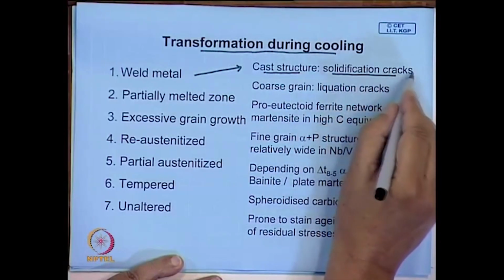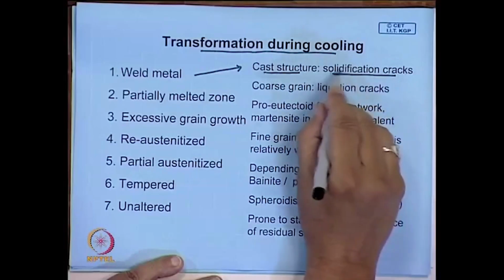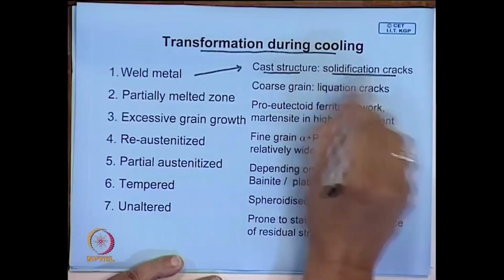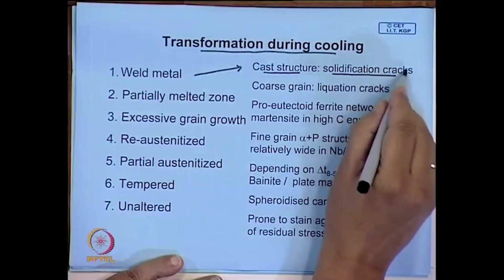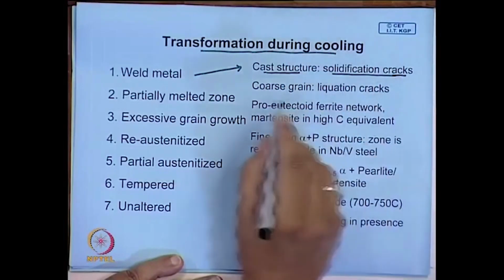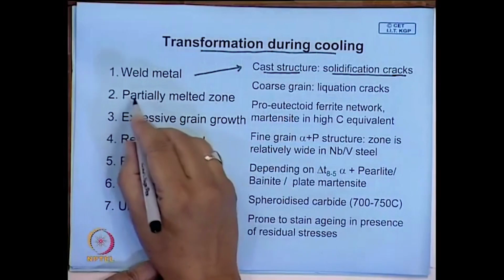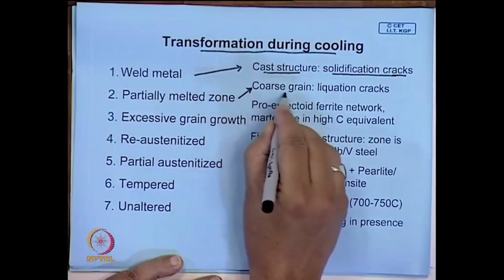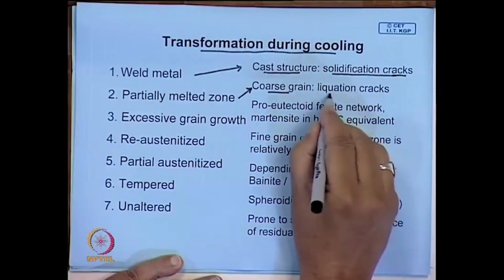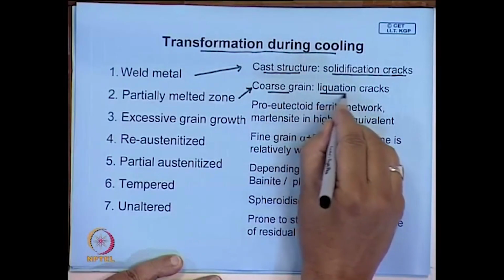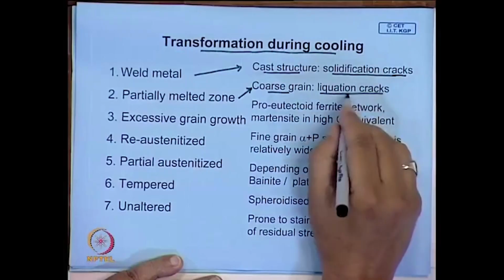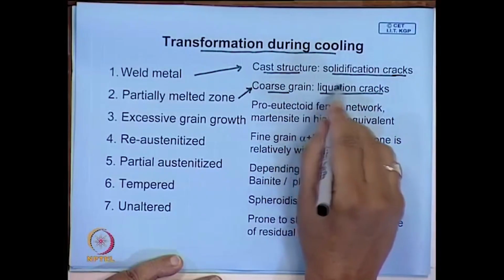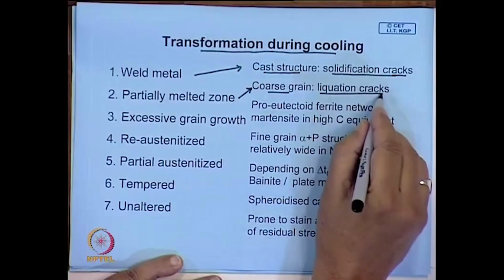If the cooling rate is fast, there are segregations, and these are prone to solidification cracking. Similarly, the partially melted zone also has a coarse grain structure, and here you will have low melting liquid at the grain boundary, and they are prone to liquefaction cracking.